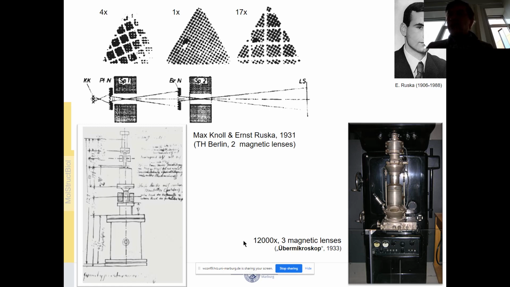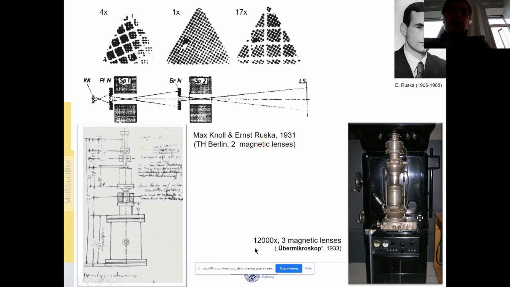And one of the side projects at the Technical University of Berlin was to use the same technology, that means getting electron beams, focused and reshaped by magnetic fields, to build a microscope with this. It was the PhD project of Ernst Ruska, and he succeeded with Max Knoll in 1931 to get the first electron microscope up and ready.